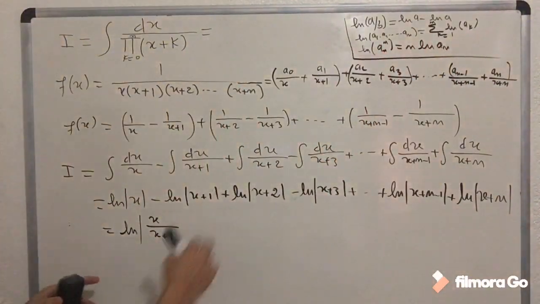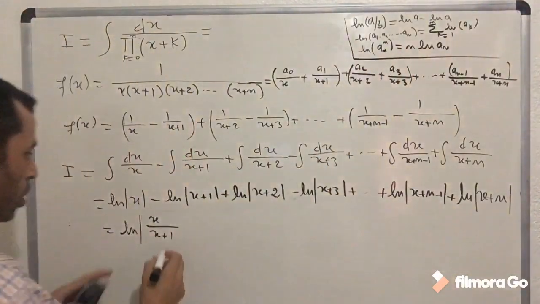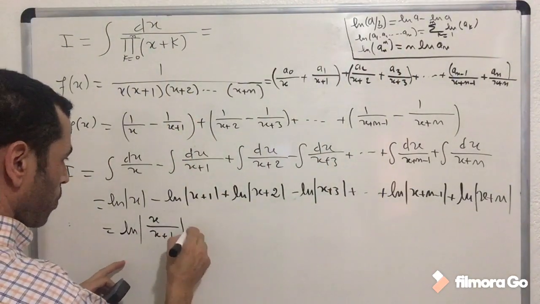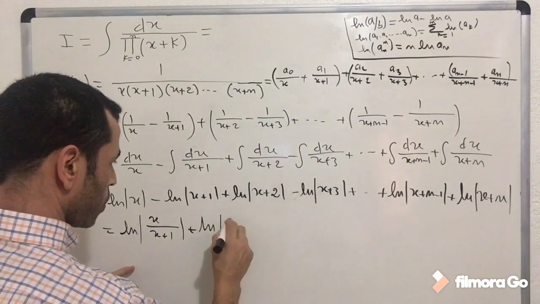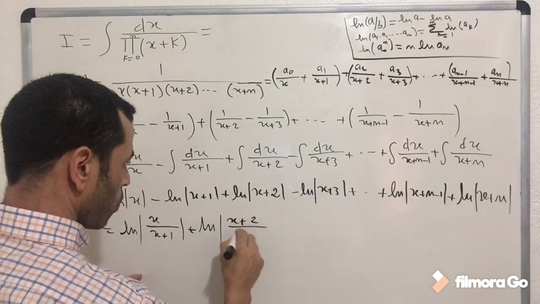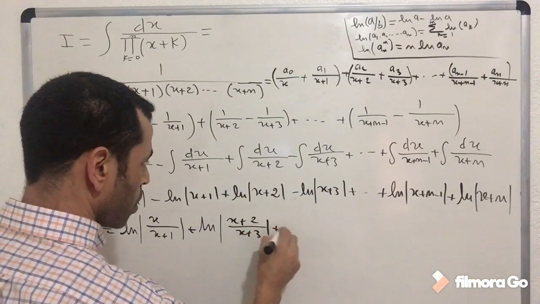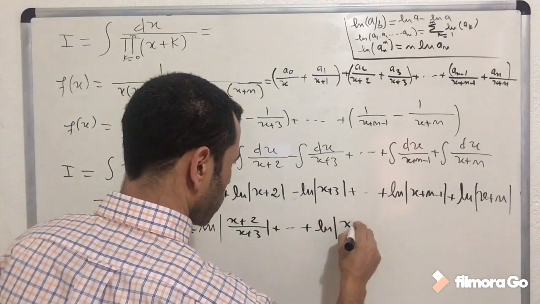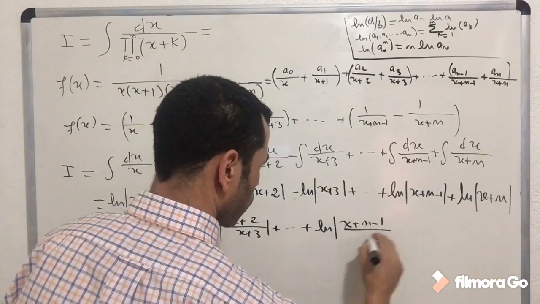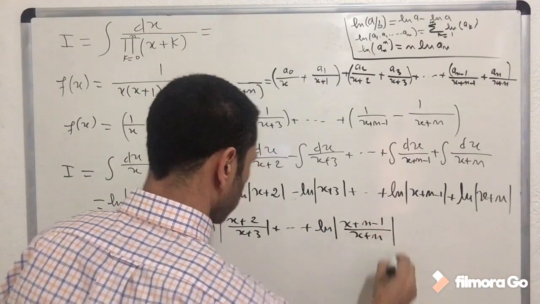Okay, let's do it here. So this becomes natural log of this one over this one, x plus 2 over x plus 3, and so on until you get the last two terms, x plus n minus 1 over x plus n, right?